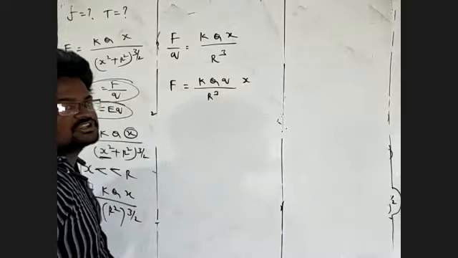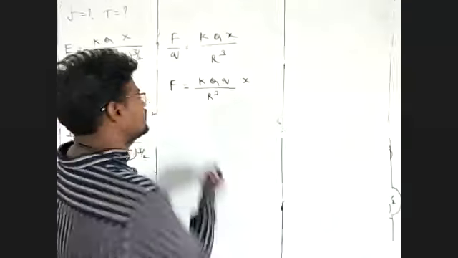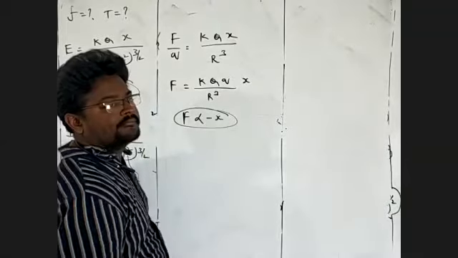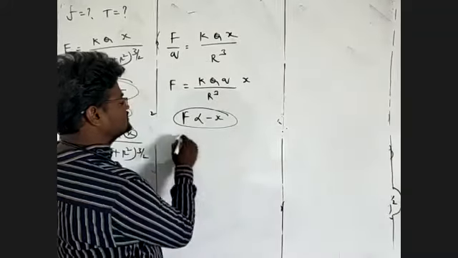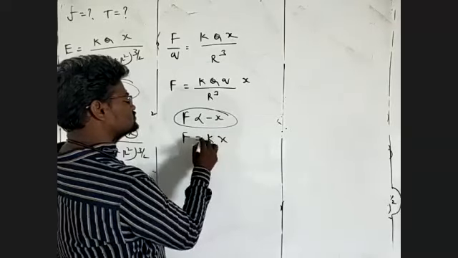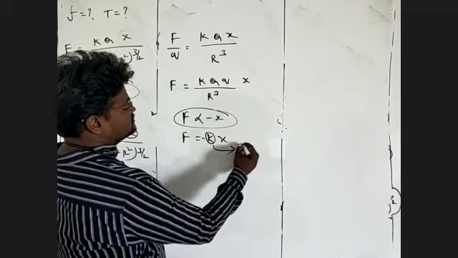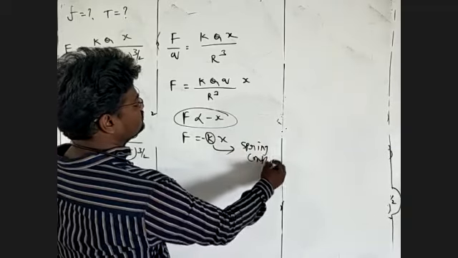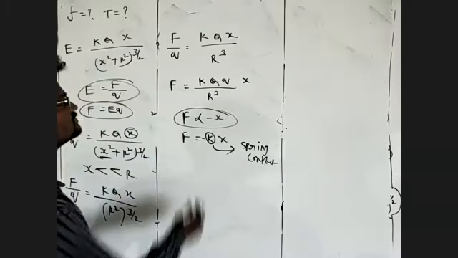Now we know in the first chapter, oscillation, F is directly proportional to minus x. F is equal to a constant times x, where K is a spring constant. Now you see this equation.